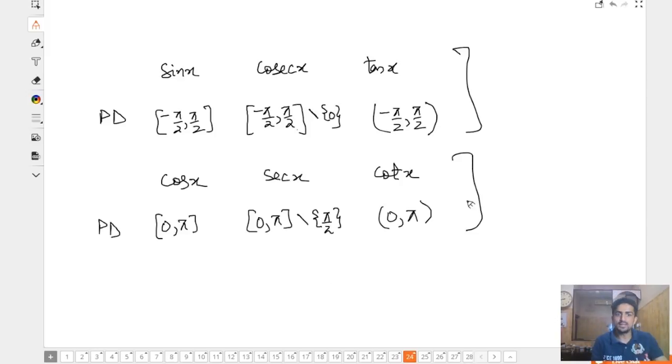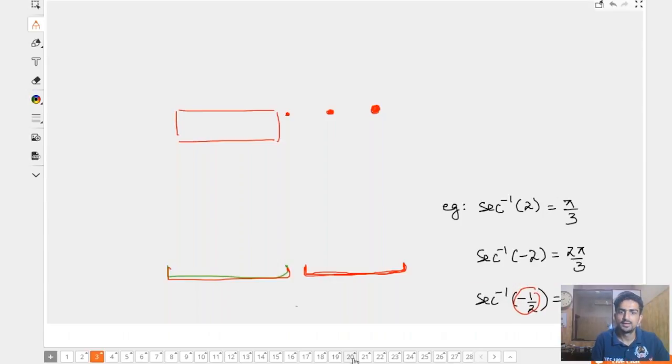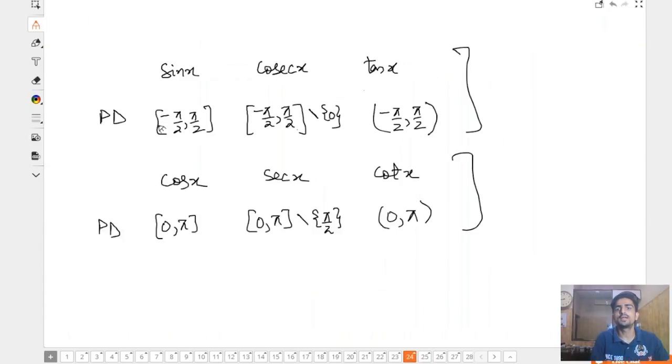Even in the beginning, here also try to see sine, tan, cosecant are of similar nature. Cos, cot, secant are of similar nature. And here also they are of similar nature. So principal domains are not that difficult to remember.